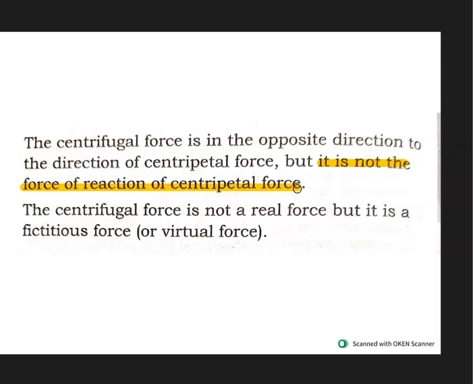Also, a centrifugal force is not a real force, but it is a fictitious force, or it is also known as a virtual force, or it is also known as a pseudo force. Because it is an apparent force, it is not an actual force. Absolutely important to remember all these things.